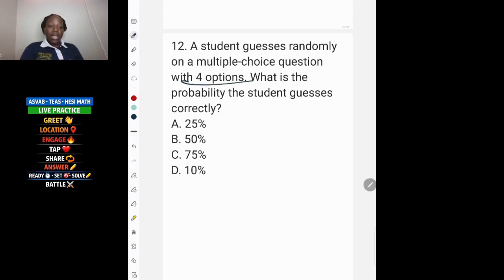Then the correct answer will be only one. So for any student to guess right, that will be 1 divided by what? The total number of answers, which is 4.